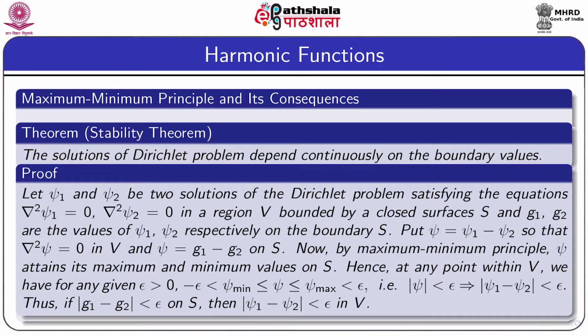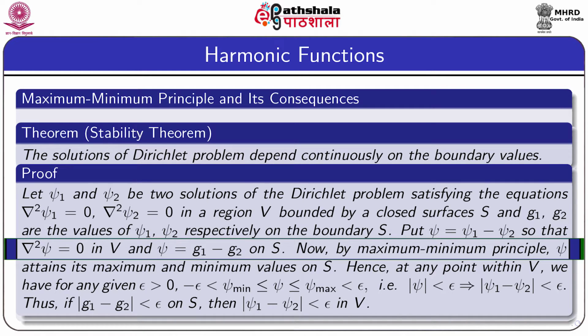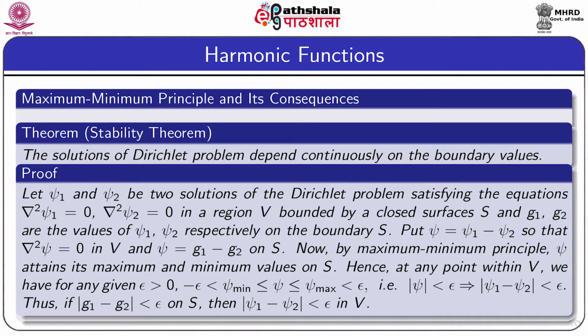Now, we construct a function psi which is equal to psi 1 minus psi 2. The equation satisfied by the function psi is grad square psi equals 0 in the region V, and psi equals g1 minus g2 on the boundary S of the region V. Now, by the maximum minimum principle, psi attains its maximum and minimum values on S, the boundary.